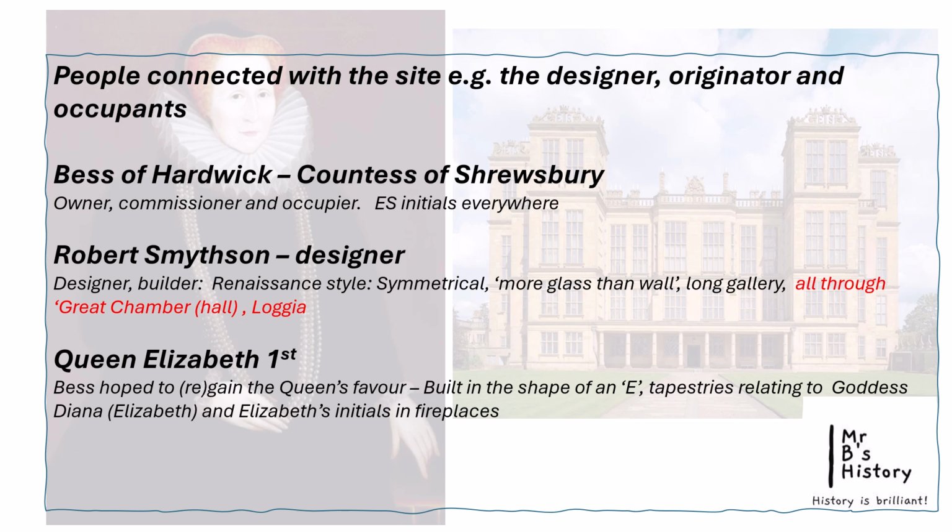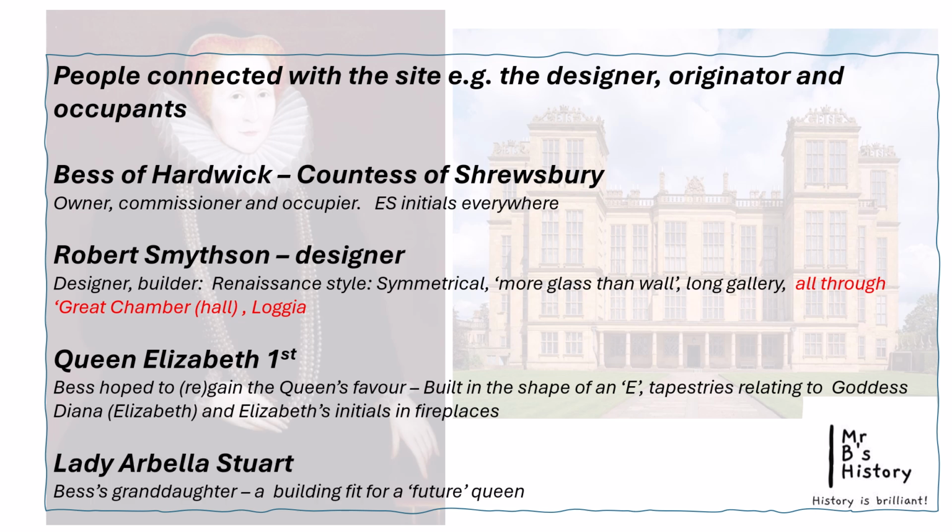And Elizabeth's initials are seen at various places in and around the building, such as on the fireplace, and Bess has a huge portrait of Elizabeth painted, which is still to be seen in Hardwick Hall, perhaps in the hope that Elizabeth will come on progress.